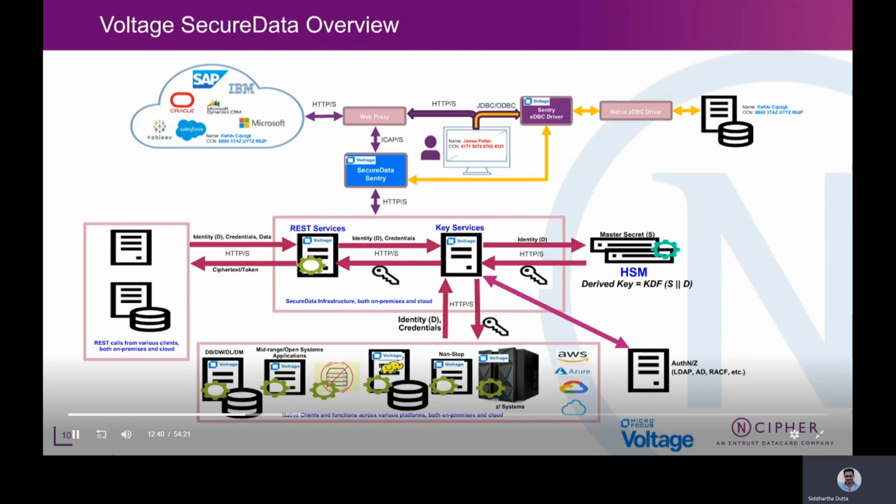Starting from mainframes to your NonStop, open systems, data warehouse services in the cloud or on-prem, and you've got functions as a service, serverless compute, where people are essentially using Voltage and integrating with the secure data infrastructure. And then, of course, we expose REST APIs for certain use cases where you do not have the ability to embed any sort of encryption client.